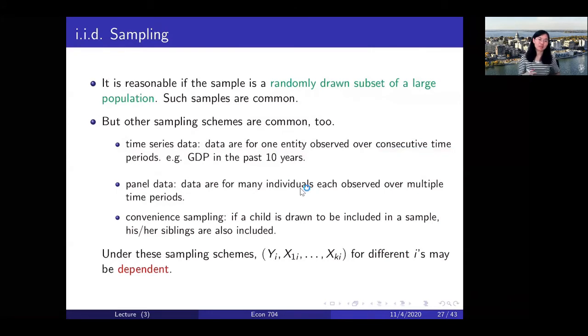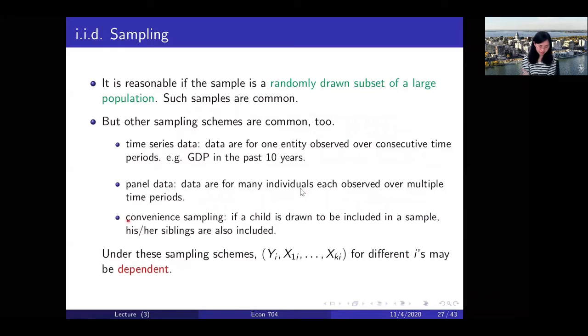That is not a random sampling environment, and the data you get is not an IID sample. Or you could have panel data where many individuals are observed, but also over multiple time periods. Then the observations across time periods are in general not independent from each other.